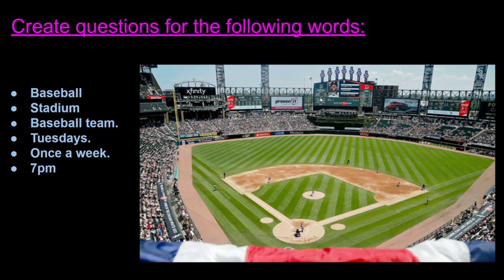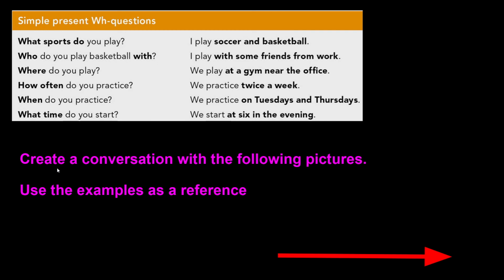We have this place, and I want you to create different questions using this vocabulary: baseball, stadium, baseball team, Tuesdays, once a week, 7 p.m. So here you have the answers. And using these answers, I want you to create 1, 2, 3, 4, 5, 6 different questions using the vocabulary that we have learned: what, who, where, how often, when, and what time.